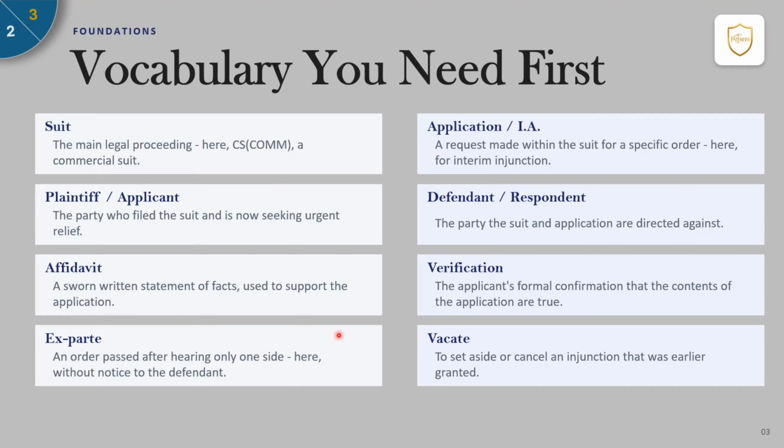And the last two terms confuse almost every first year student. Ex parte means an order passed after hearing only one side, where we don't give notice to the other party. To vacate an injunction means to cancel or set aside one that was already granted. So keep these words in mind because we will be using every single one of them for the rest of today's class.